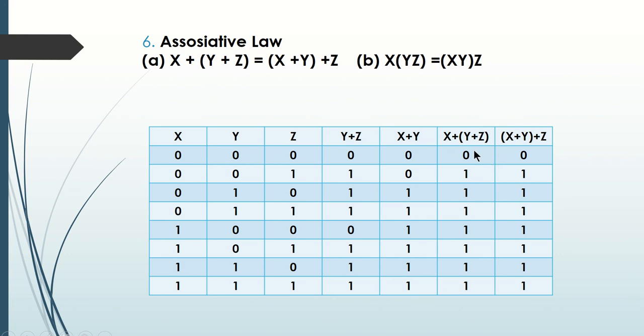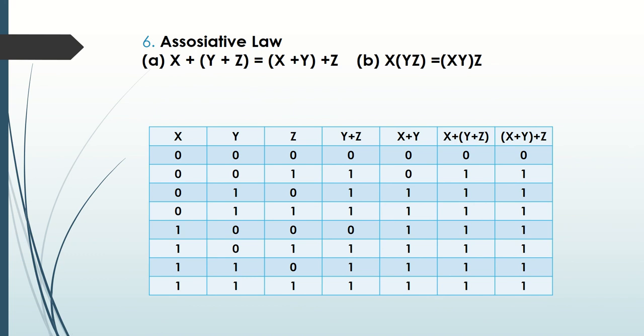You add 0 plus 0, 0 plus 1, like that, and then x plus y plus z. This and this you have to add. The left hand side expression value must be equal to the right hand side expression. So this is your associative law.